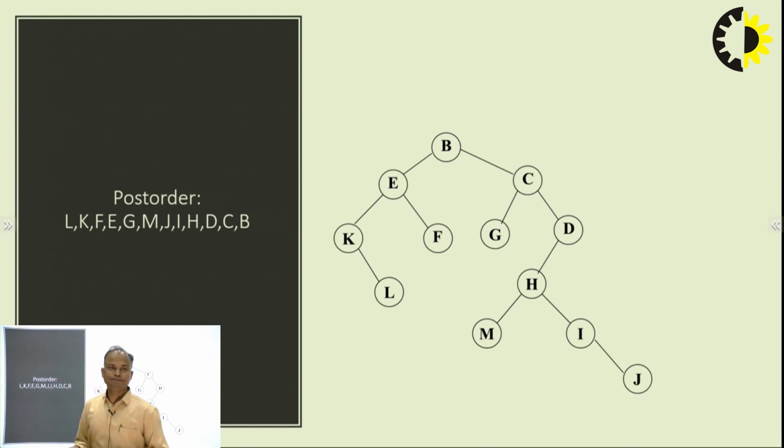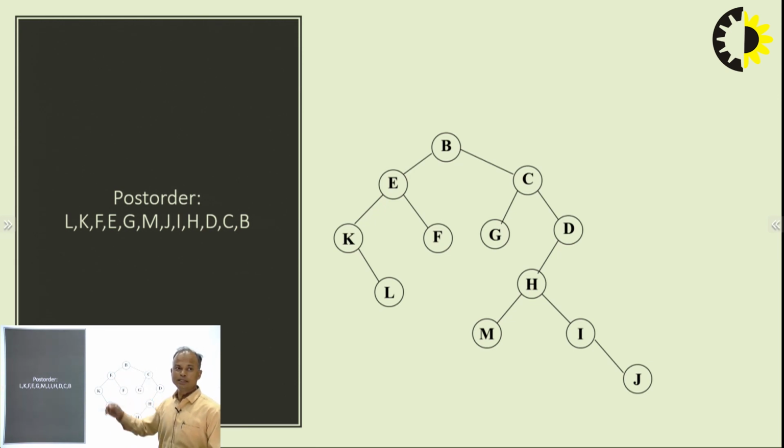So see here, this particular tree is given, and in this tree, B is the root. My concept is to visit the left subtree in post-order, then visit the right subtree in post-order, then visit the root. Therefore, we cannot start with B first.